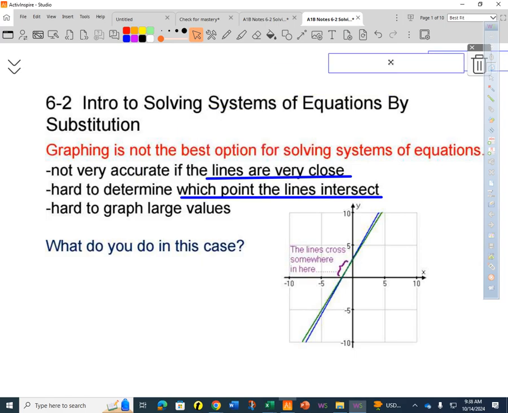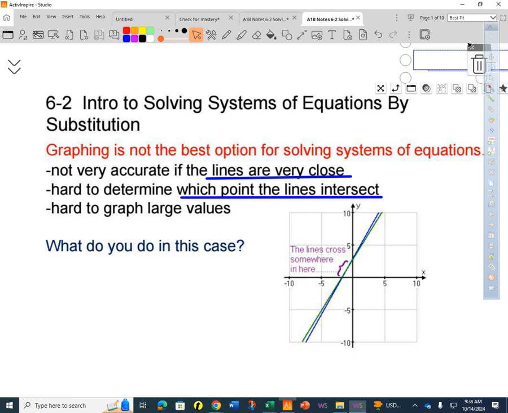And it's hard to graph large values. So it's pretty easy to graph the things we've been working with because they're right around the origin. But to graph things that are in the thousands or hundreds is too difficult. Also, if you're graphing something besides integers, that's hard because decimals and fractions are going to make our graph very inaccurate.